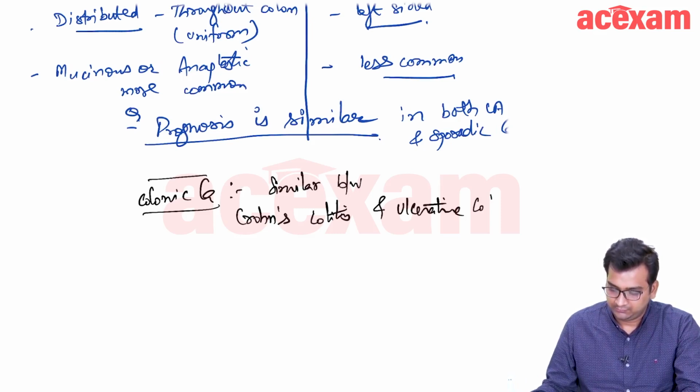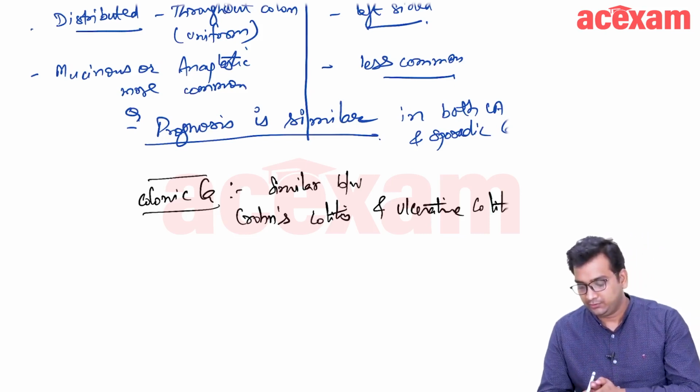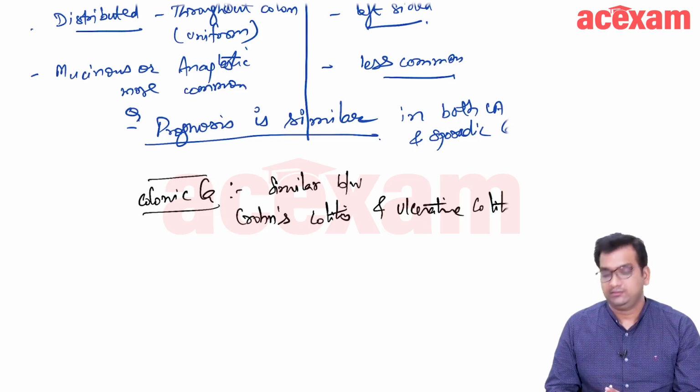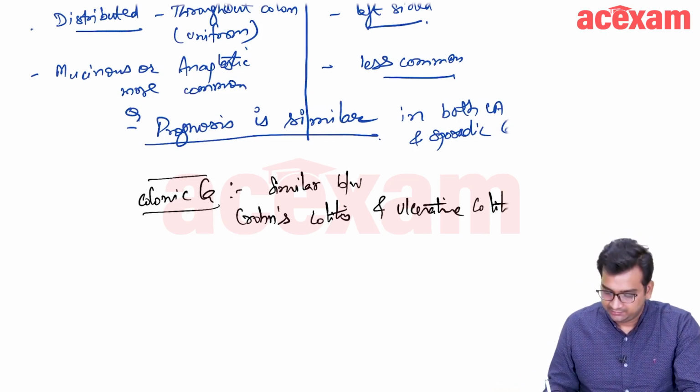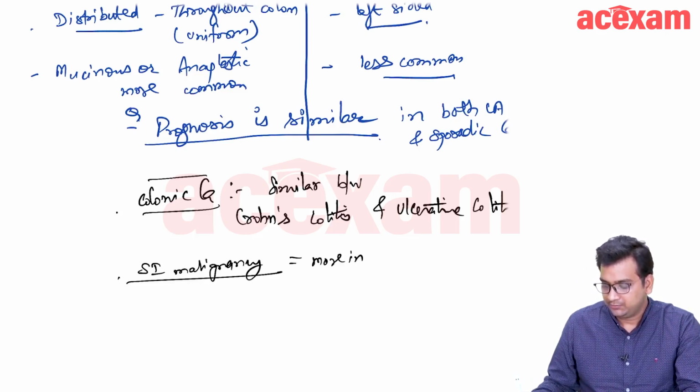Okay, so the rate of colonic cancer is similar or almost similar between the Crohn's colitis and ulcerative colitis, whereas small intestine malignancy is more in Crohn's disease.